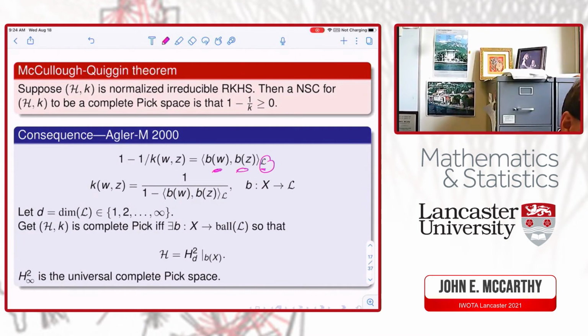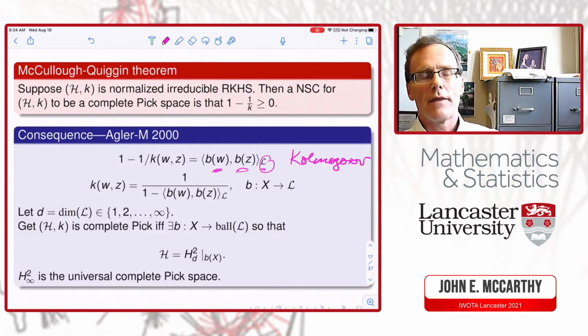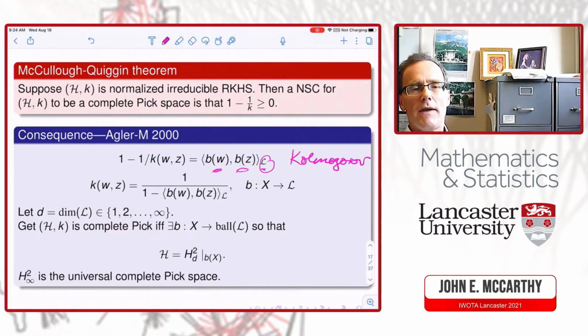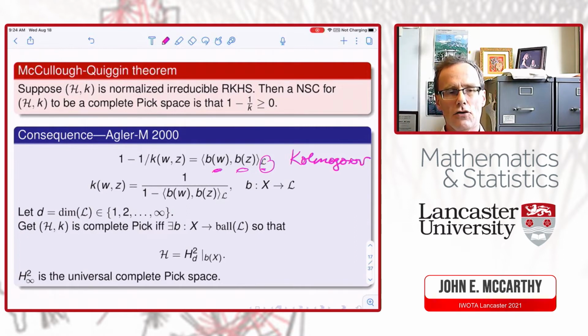So this is the Kolmogorov decomposition of any positive semi-definite function. You do a little algebra, and you get that the kernel is 1 over 1 minus the inner product of B with itself, where B is some map from your set X on which the reproducing kernel Hilbert space lives into a Hilbert space L, and the dimension of L can be anything between 1 and infinity inclusive.